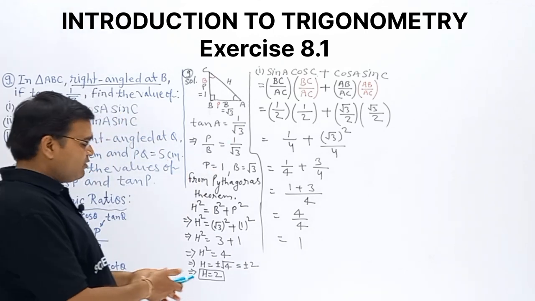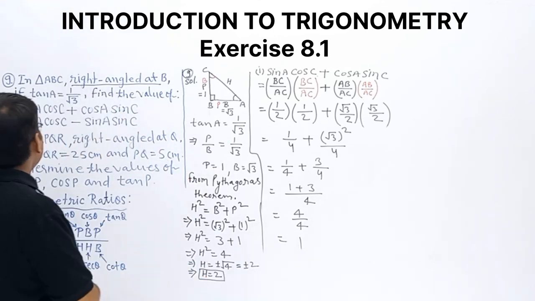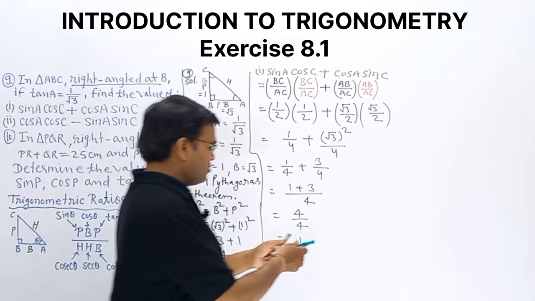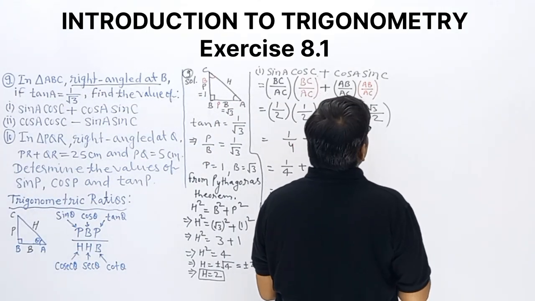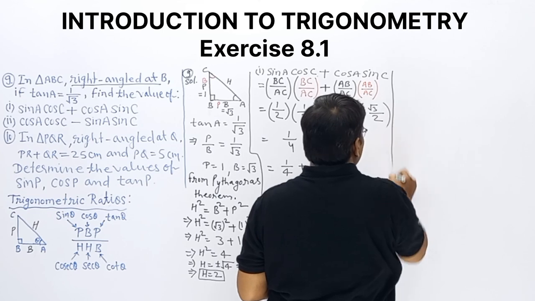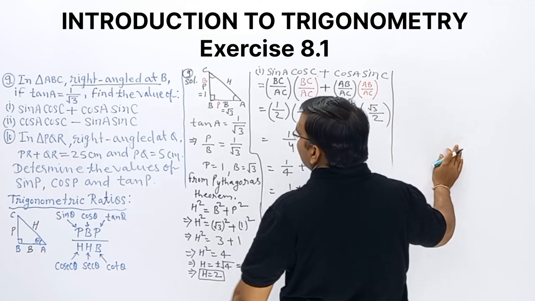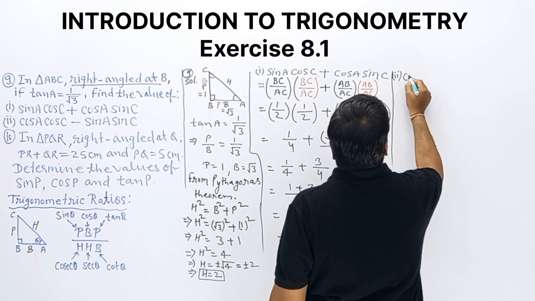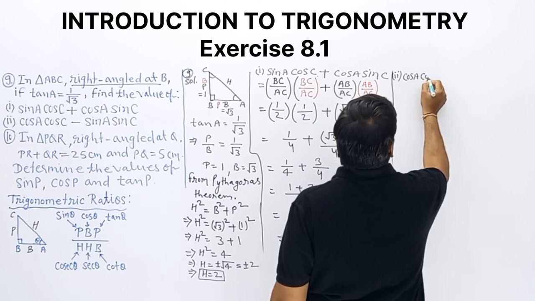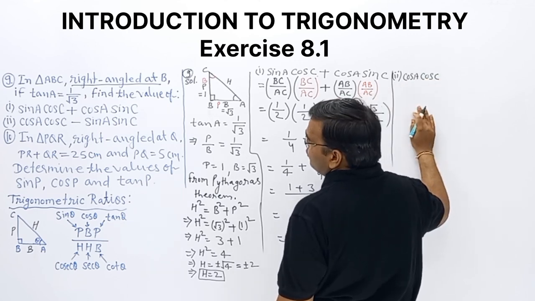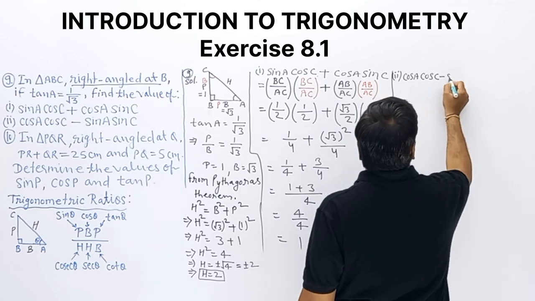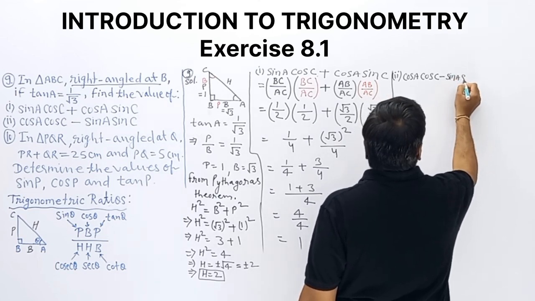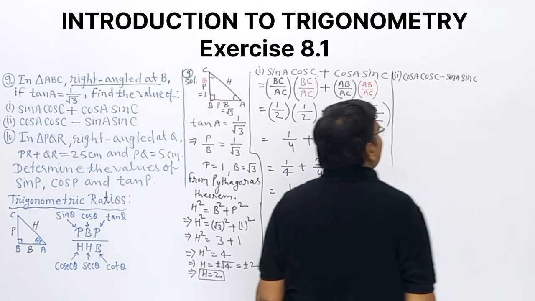Now what is the second question? Observe. Now we can easily find the solution of the second question. I am having space there, so I can do it there. Second one is cos A cos C minus sin A sin C. Clear?